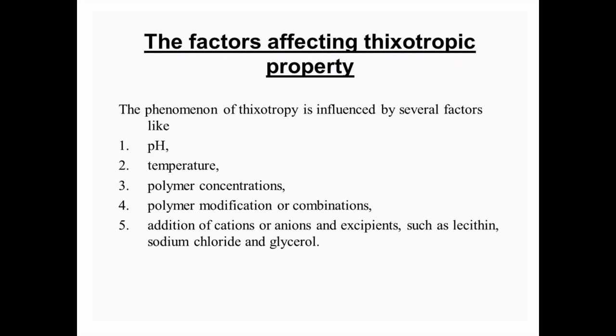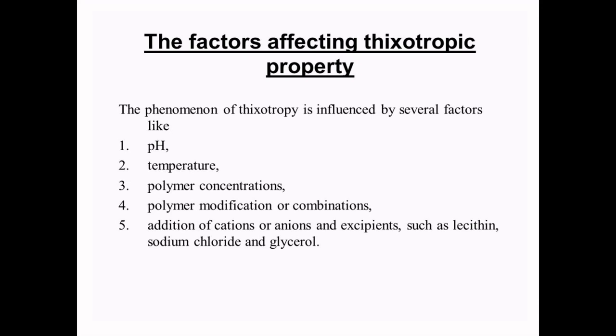The factors affecting the thixotropic property. The phenomenon of thixotropy is influenced by several factors. Thixotropic materials are those which, under stress, pressure, or applied force, begin to flow and their consistency goes down. So what are the factors which affect the thixotropic property?